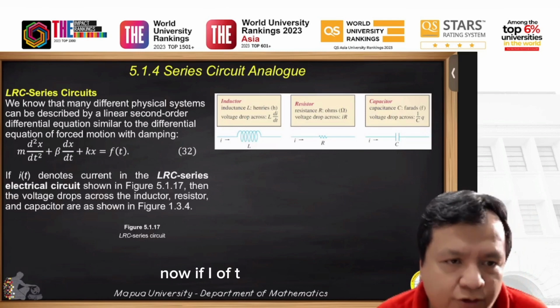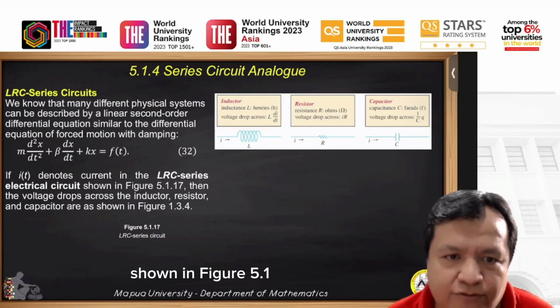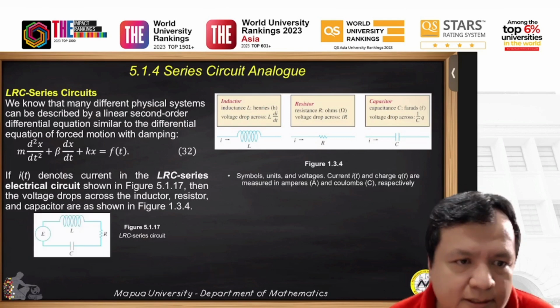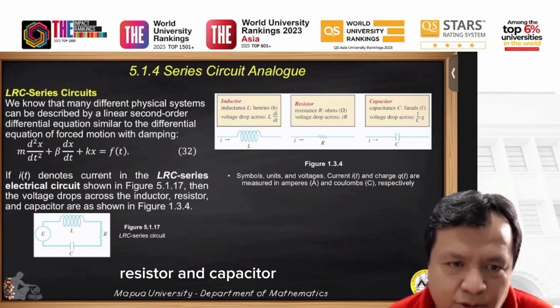Now, if i of t denotes the current in an LRC series electric circuit shown in figure 5.1.17, then we have the voltage drops across the inductor, resistor, and capacitor.